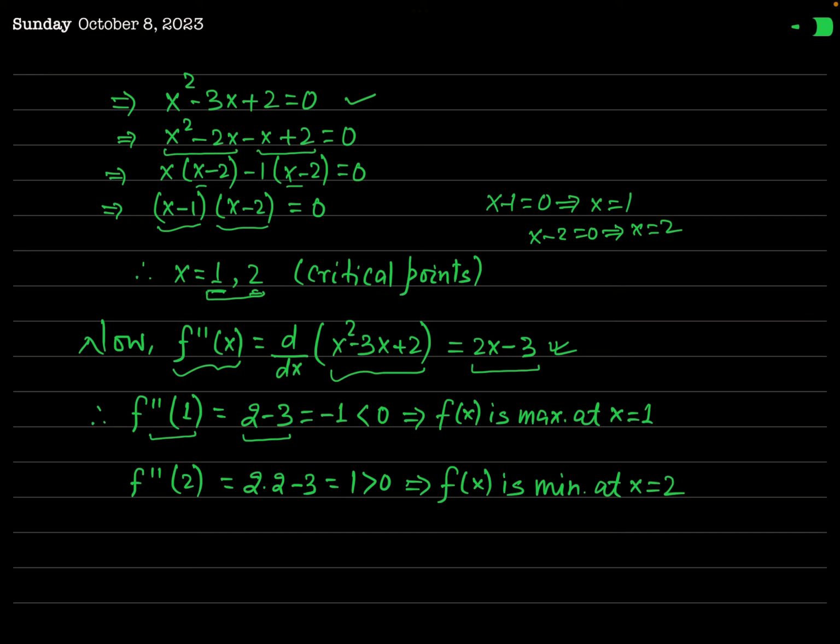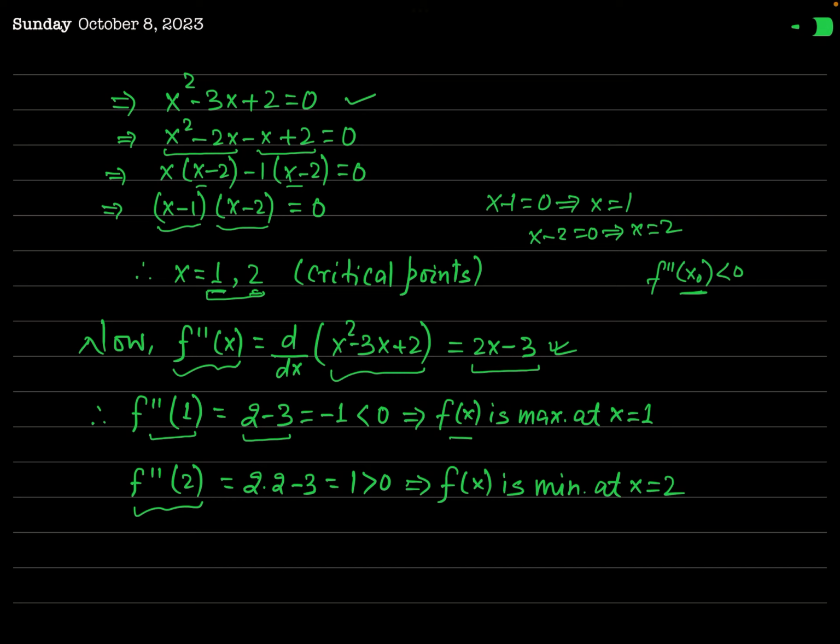And you have learned in the previous lecture that if f double dash of x naught is less than 0, then at the point x equal to x naught, the function has a local maximum value. So you can say that at the critical point x equal to 1, our function f of x will have a maximum value.